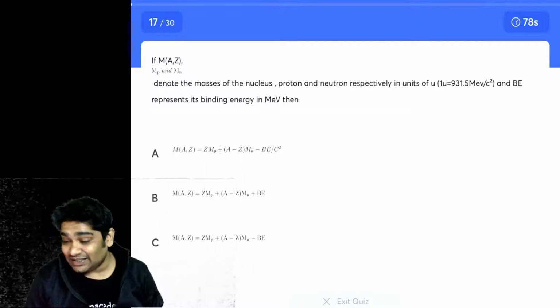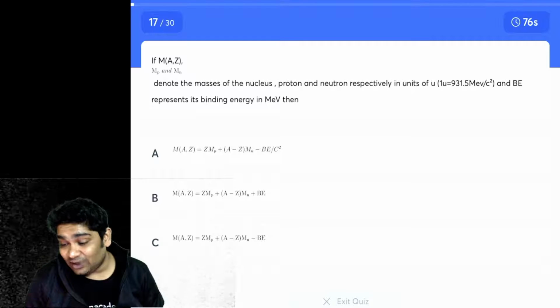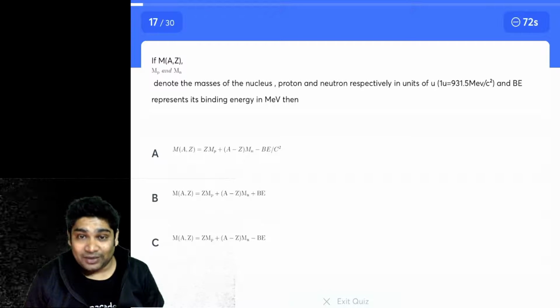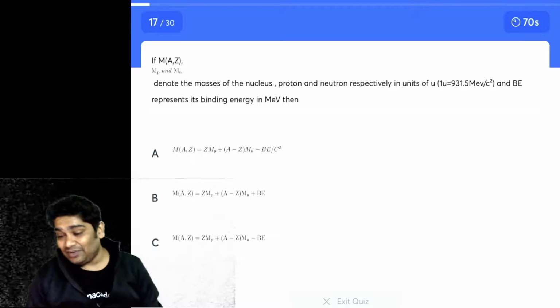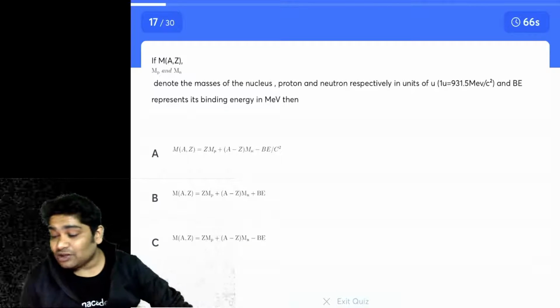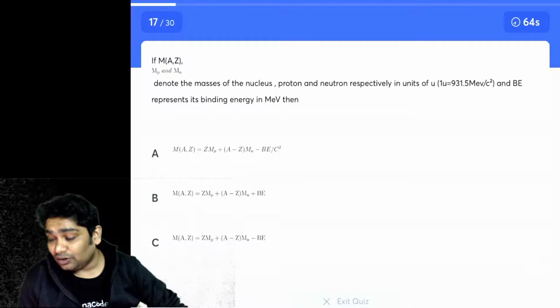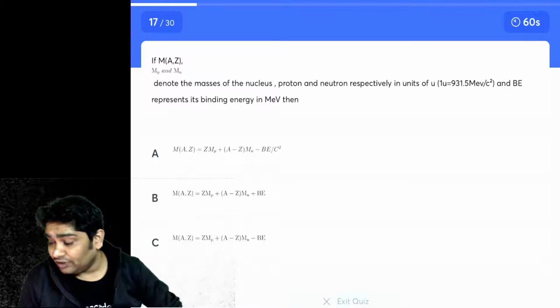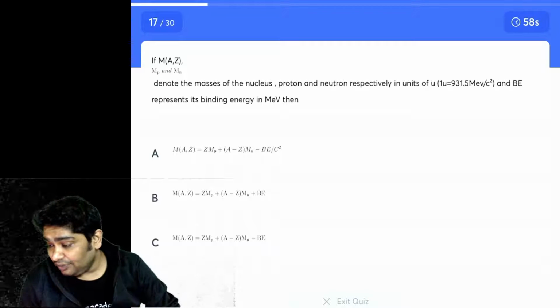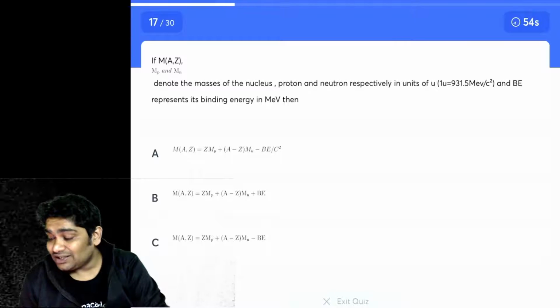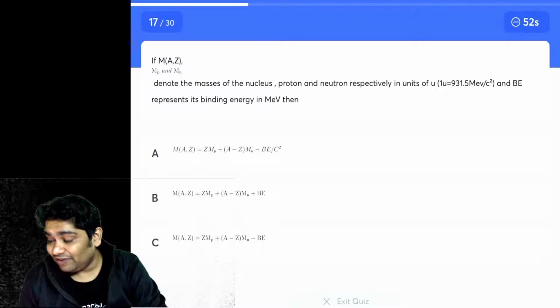This is question number 16. It says, if M with mass number A and atomic number Z, where M is some metal, and Mp and Mn denote the masses of the proton and neutron respectively, in units of U, which is the AMU, where 1 U equals 931.5 MeV per c square.